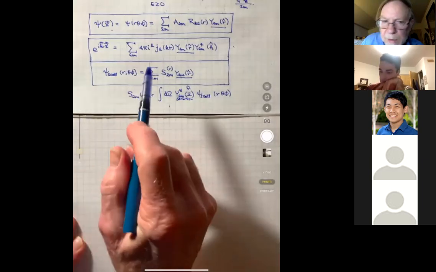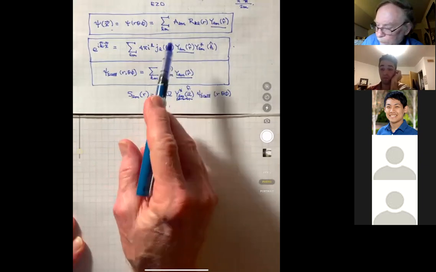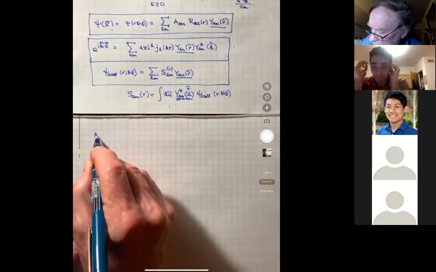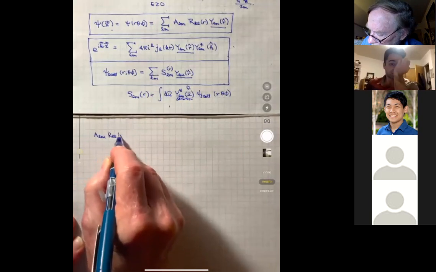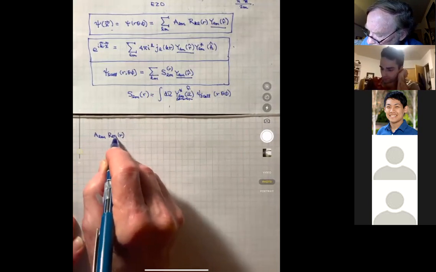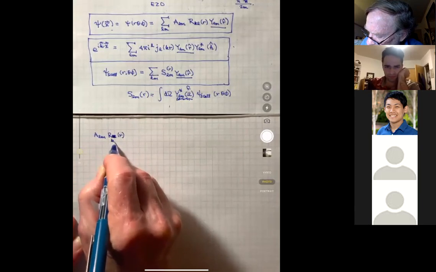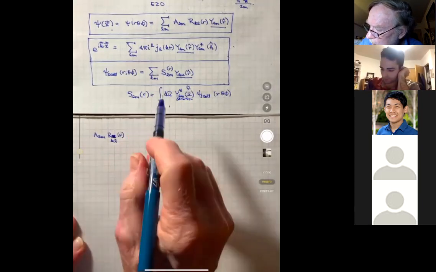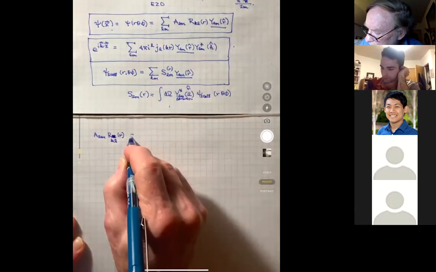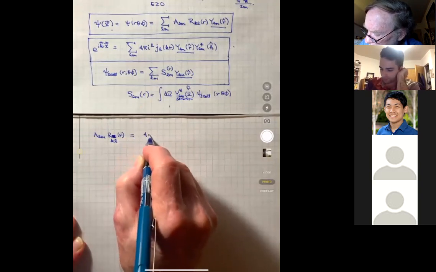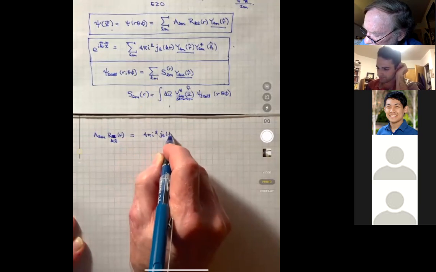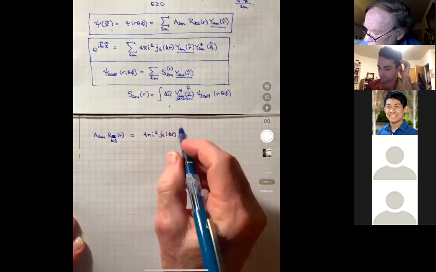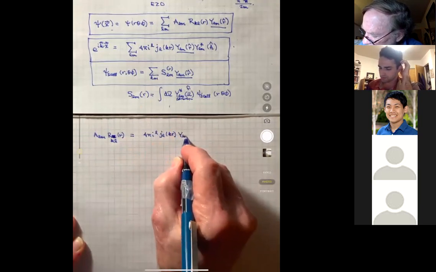Anyway, so just copying this down, the first step is going to be this: A_LM times R_kL of r. This should be R_kL, let me make that clear, R_kL of r. That's the first term, is equal to, on the right-hand side, 4 pi i to the L times j_L of kr times Y_LM star of k hat.